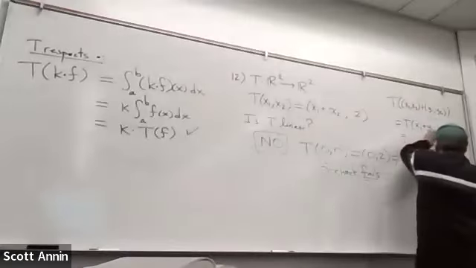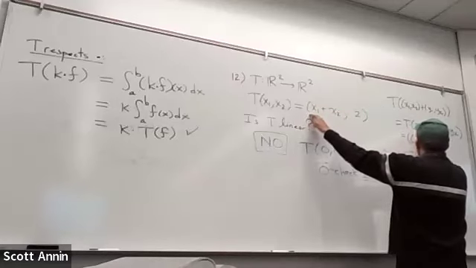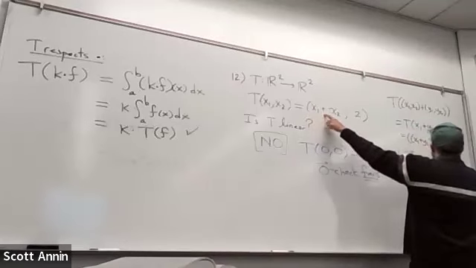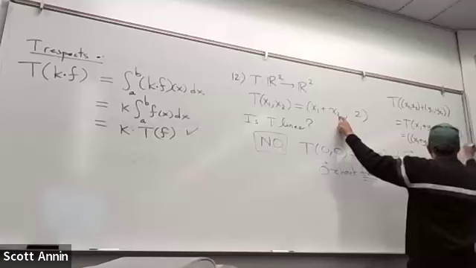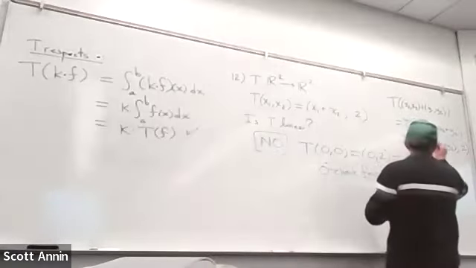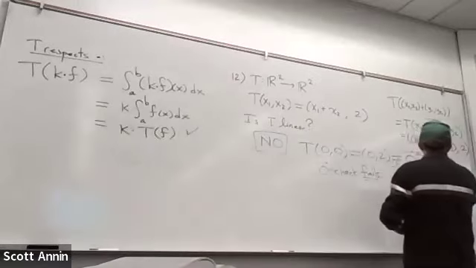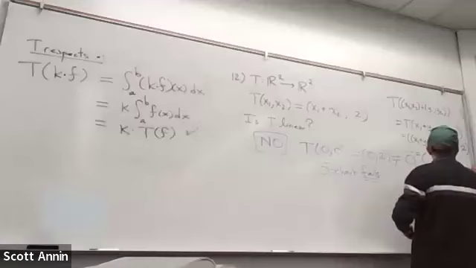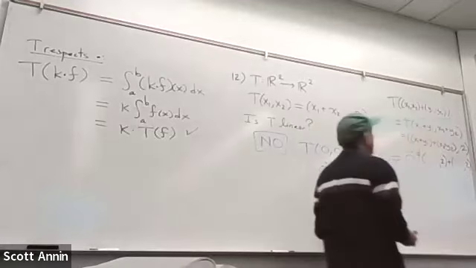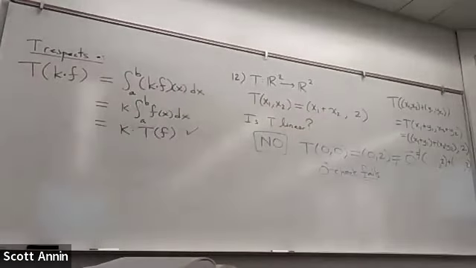Then we could plug this point into the formula, so it would look like whatever is in the first slot plus whatever is in the second slot, comma 2. And then the question would be, could you break this apart? You're not going to be able to break it apart as something comma 2 plus something comma 2. That's where it's not going to work.